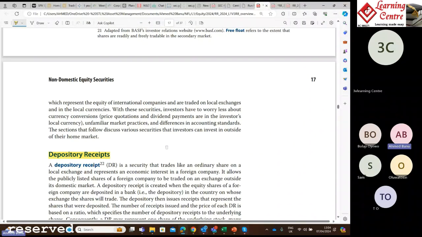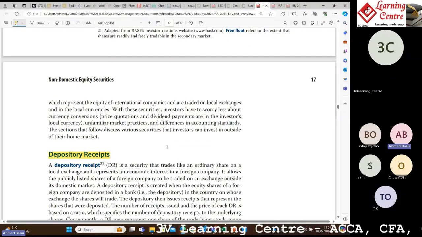Receipts are technically evidence of ownership, that those shares are being held with Stanbic IBTC Nominees. Then Stanbic IBTC Nominees goes to the Nigerian Stock Exchange and lists those receipts on the Nigerian Stock Exchange.